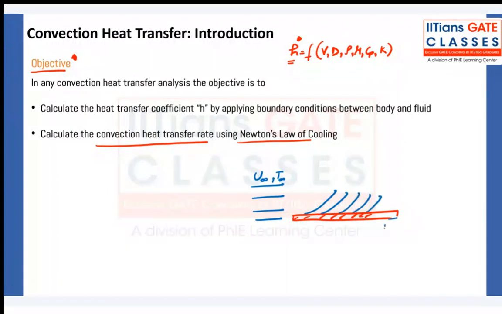If T surface is greater than T infinity, then heat will be taken away by the fluid because the plate is hot. Now, how do you determine convection? Q dot = hA(T surface minus T infinity). Now the whole thing is to determine this h. Once you have determined this h, you can calculate Q because all other parameters are fairly simple. So most of the analysis is based on this.